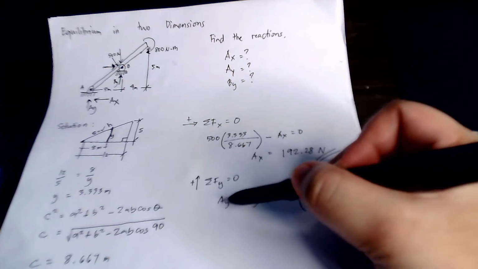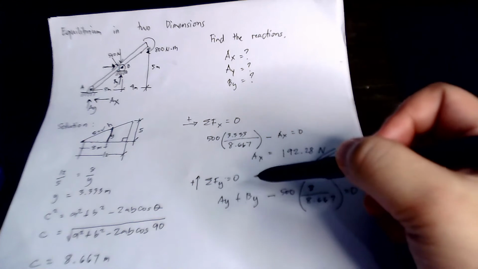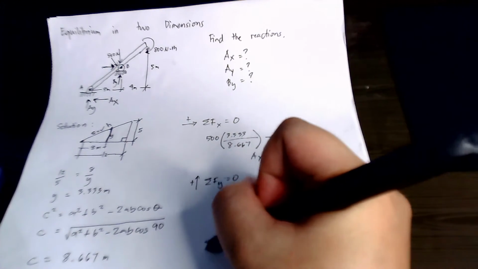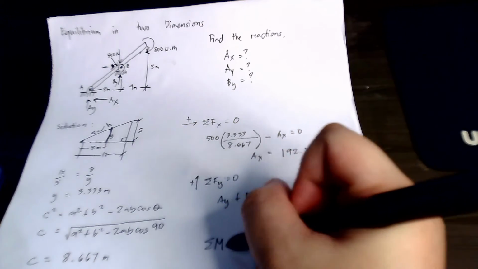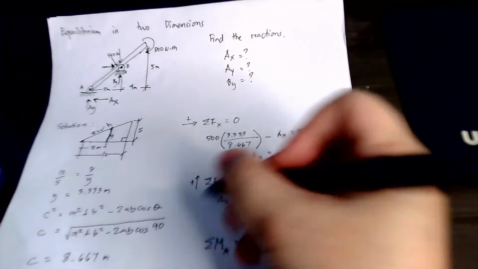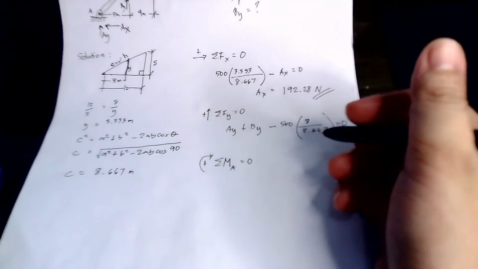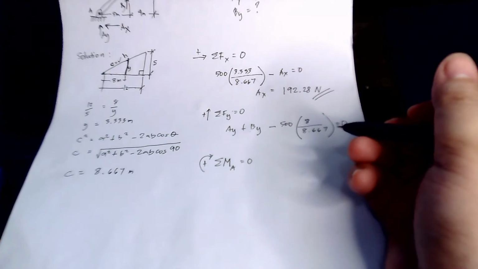We have two unknowns and only one equation, so we proceed to our next equation, the summation of all moments at point A must equal 0. Our convention is clockwise positive.